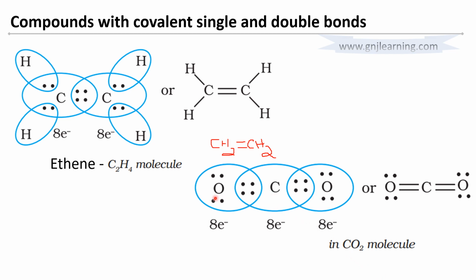Each oxygen will share 2 pairs of electrons with the central carbon. So carbon will have double bonds with no lone pair, whereas each oxygen will have 2 bond pair with 2 lone pair. That's how the double bond compounds are formed.